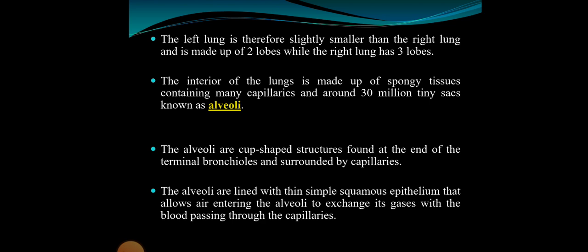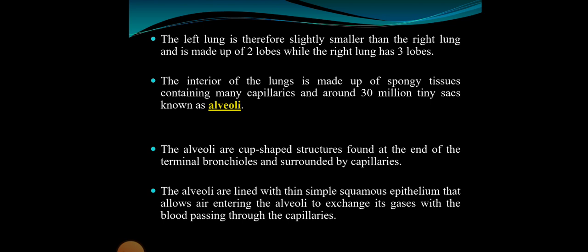The left lung is therefore slightly smaller than the right lung and is made up of 2 lobes, while the right lung has 3 lobes. The interior of the lungs is made up of spongy tissue containing many capillaries and around 30 million tiny sacs known as alveoli.